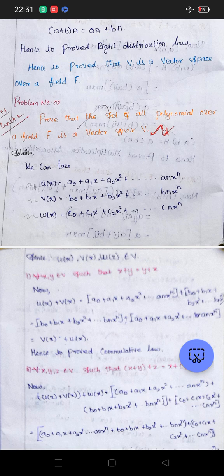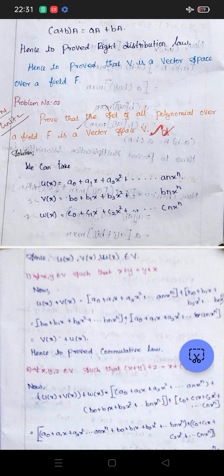These polynomials satisfy the above 8 conditions, which means the vector space over a field F. So we can consider u of x is equal to the polynomial a naught plus a1x plus a2x square plus etc. an x power n. The second polynomial v of x is equal to b naught plus b1x plus b2x square plus etc. bn x power n.